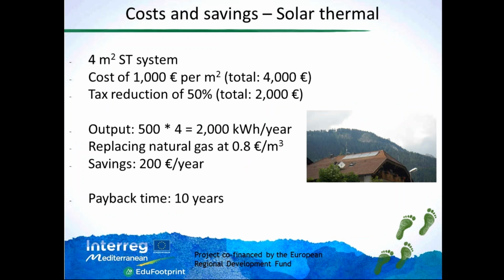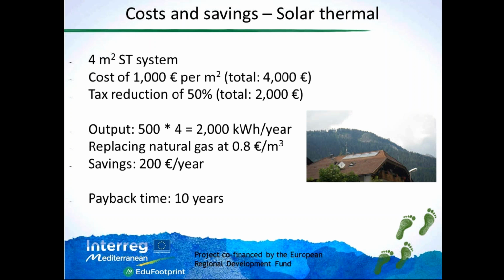What is the benefit of this heat production? Of course, it depends on the conventional energy source you're replacing with this solar heat. In this case, I assumed not a very good case for solar thermal because I replaced natural gas, which is actually the cheapest conventional fuel. So I assumed a price of 0.8 euros per cubic meter of gas, which can be typical for residential applications in Italy, which means that you have a saving of 200 euros per year, and therefore a payback time of 10 years.